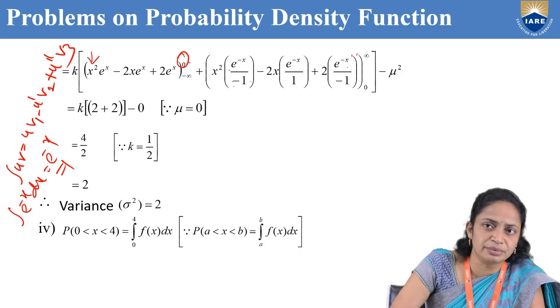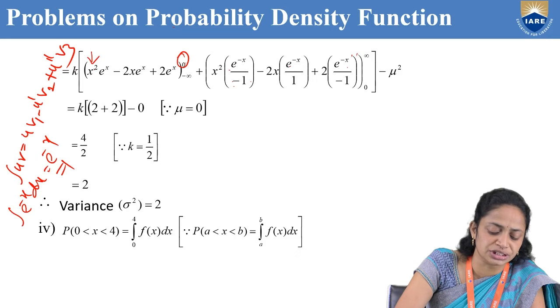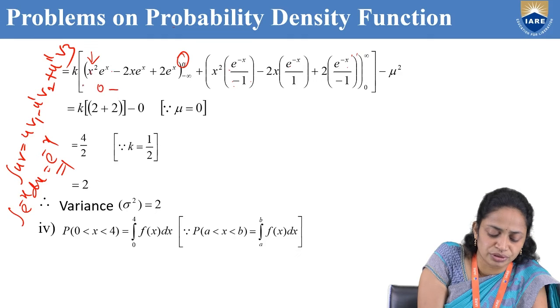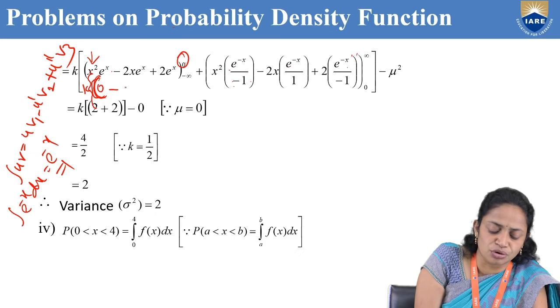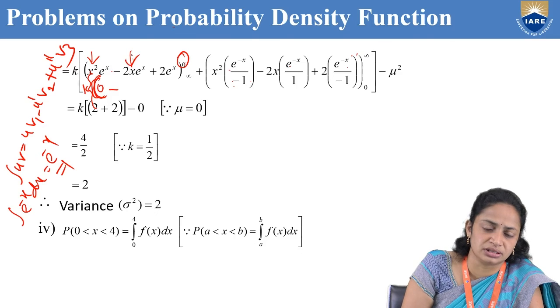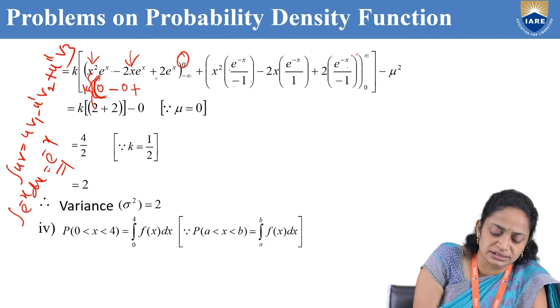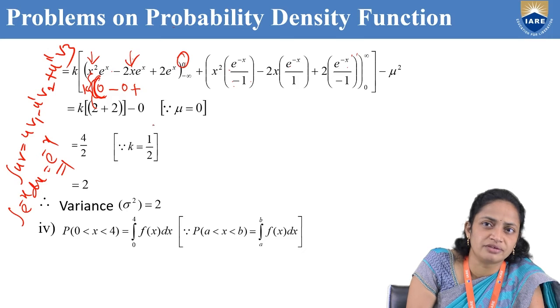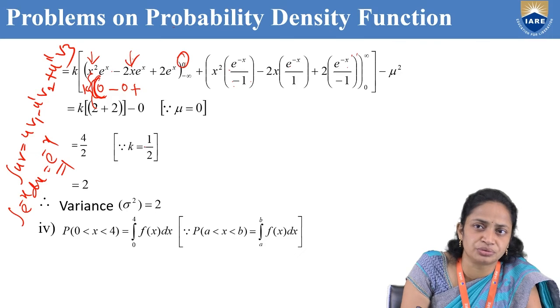So here upper limit is 0, so that's why I am substituting 0 here. Okay, so 0 into anything is 0. So k into 0 into anything is 0, minus, in this case here also I am substituting 0 here, upper limit. So that is 0 plus, but here we don't have x value. Okay, directly you can substitute in the e power.